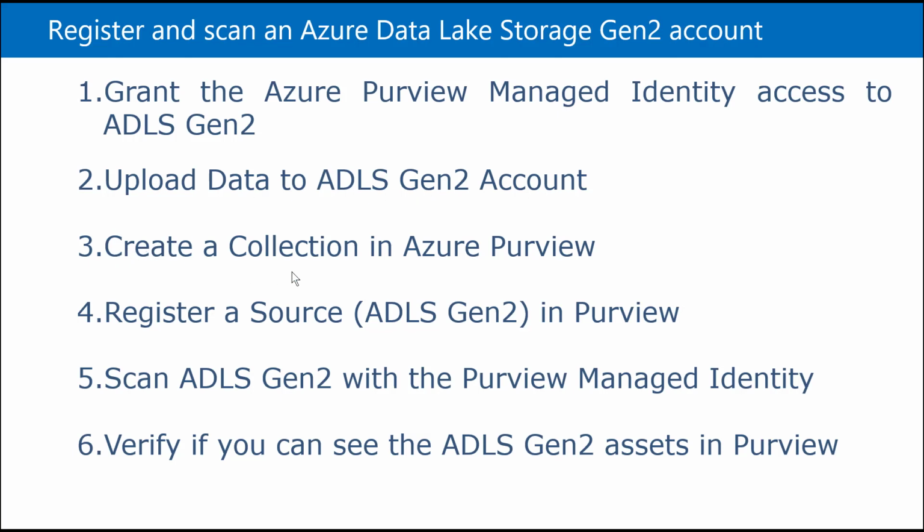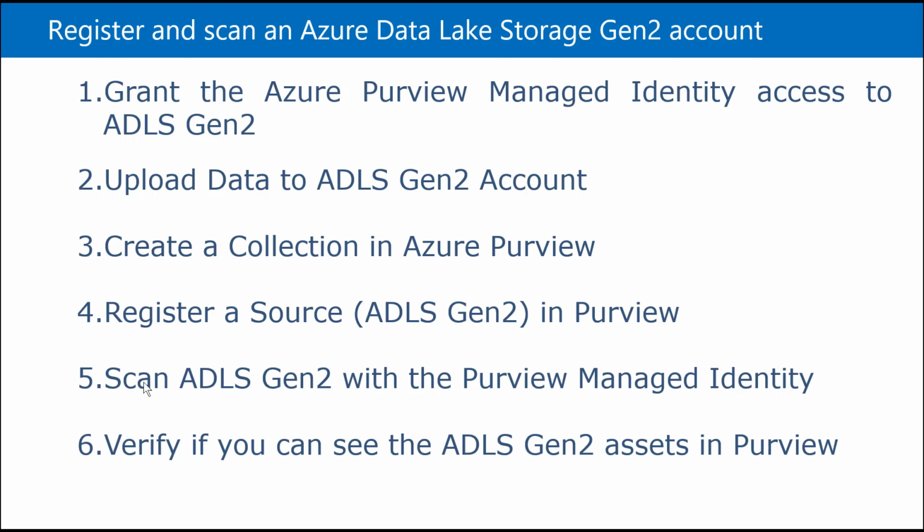Then we will create a collection in Azure Purview, because first we need to create a collection and then add resources to that collection, and one of the resources will be the ADLS Gen2 account. Then we will register a source. In this case, it is the ADLS Gen2 account in Purview.